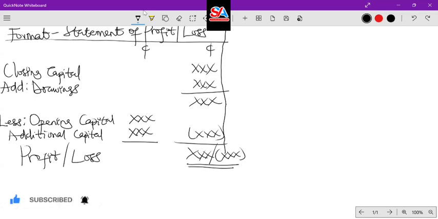Then you get a profit or loss. So I'm sharing a question. Can we get a past question on this? All right, let me quickly see.